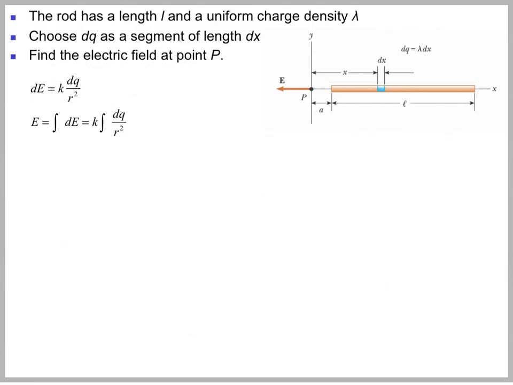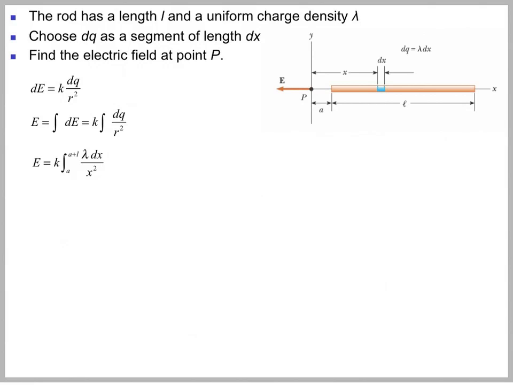So the total electric field, of course, is just going to be the integral of dE, which in this case is going to be k times the integral of dq over r squared. So here, since we're integrating over a length, we can replace dq with lambda dx. So now the electric field is k times the integral of lambda dx over r squared.